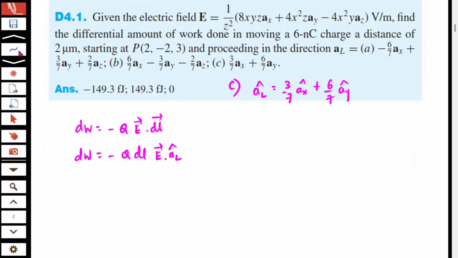So I have to multiply this value. Q is minus 6 nano and the length dL is 2 micro. Then vector E has to be taken dot product.